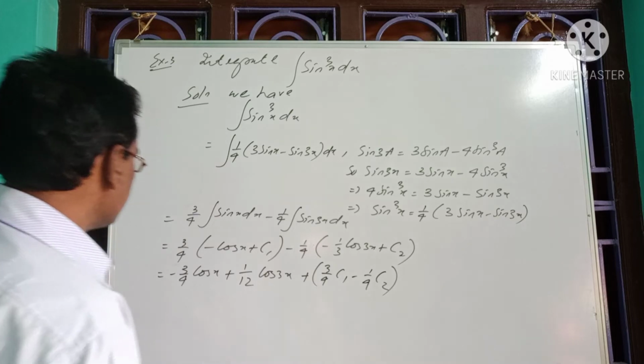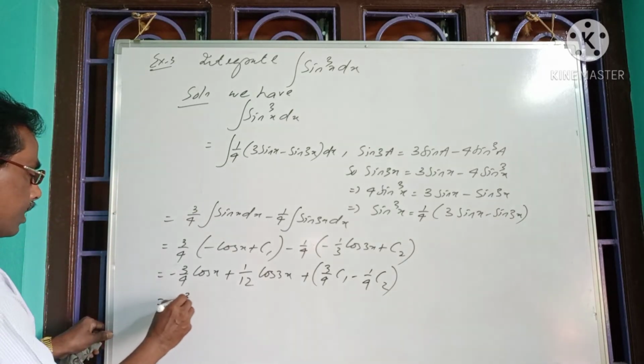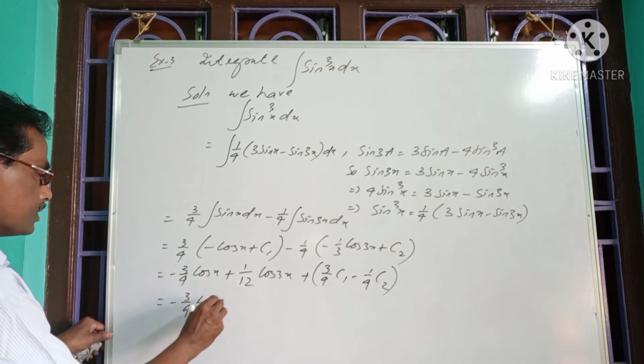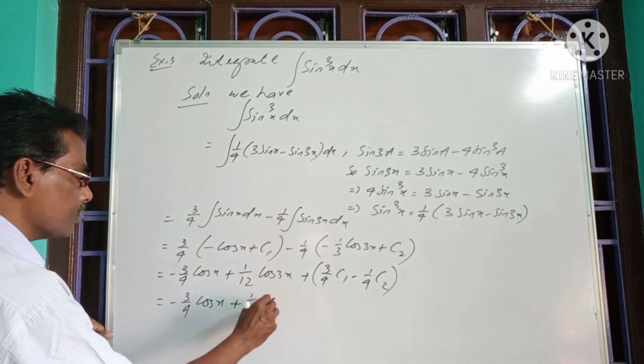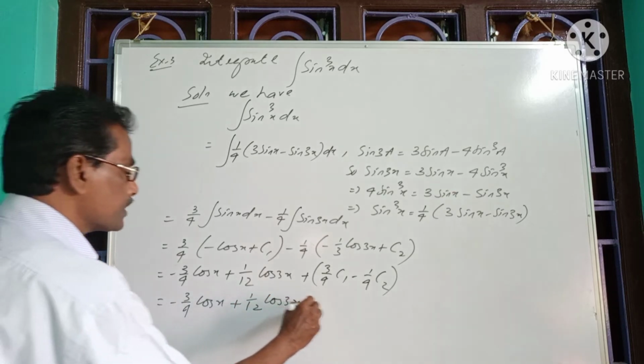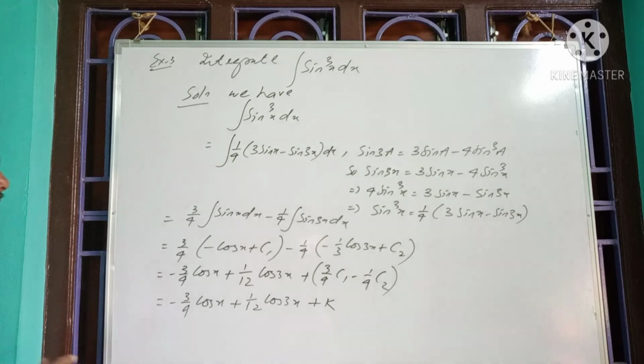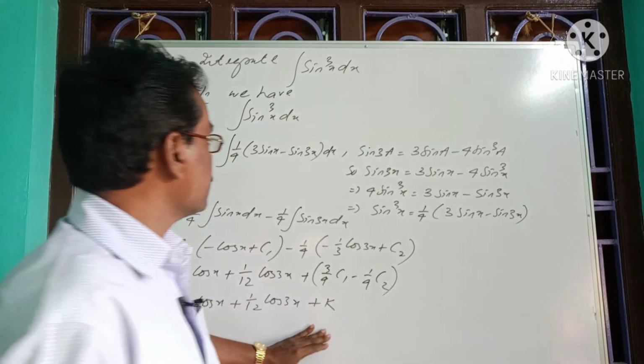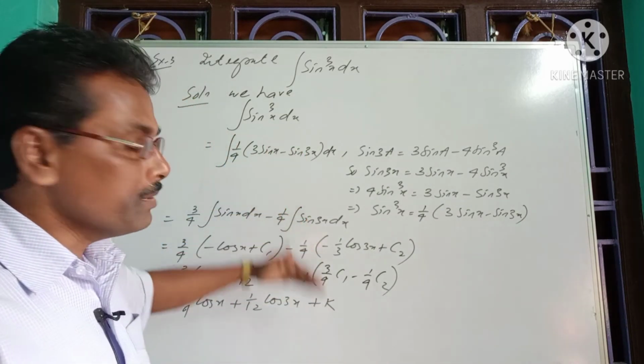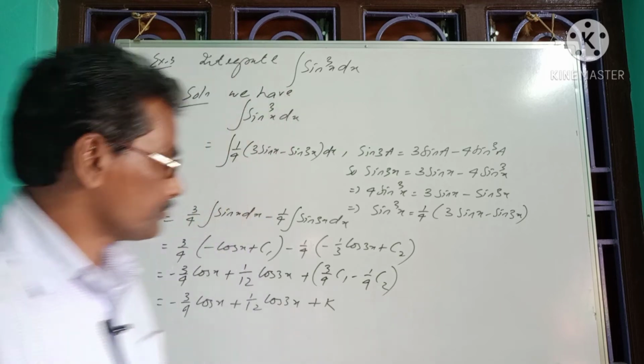Simplifying, we have minus 3 by 4 cos x plus 1 by 12 cos 3x plus k in place of the constant, where k is the constant of integration. So in this process we have completed the integration.